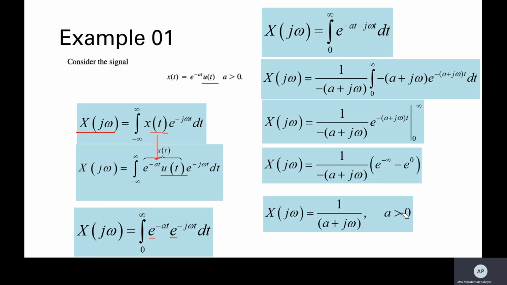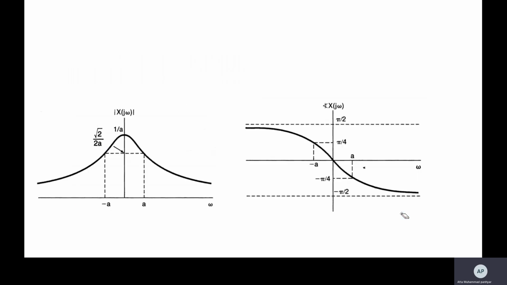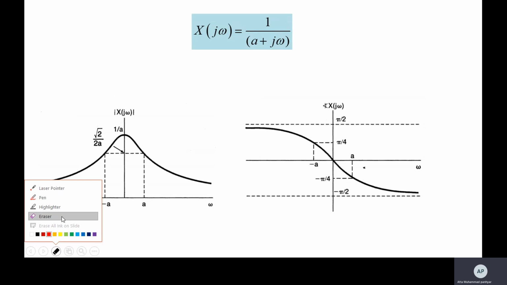Now we wish to graph it. We want to see how it would look when we graph it. Now you can see this is the original function, and we put omega as 0 here. This is the omega axis, this is X of j omega, the magnitude spectrum, and this is the phase spectrum. When omega is 0, the magnitude would be 1 upon a.